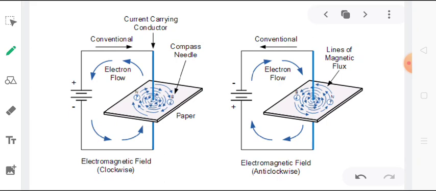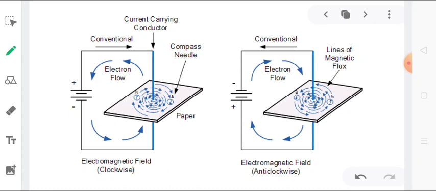This means if you follow the first picture where the conventional current is flowing through the wire in the downward direction, then the field created is in clockwise direction as it is labeled in the picture, while in the second picture when the current flowing through the wire is in the upward direction, the conventional current direction, then the magnetic field created, which is obviously in the form of concentric circles, is created in the anti-clockwise direction.